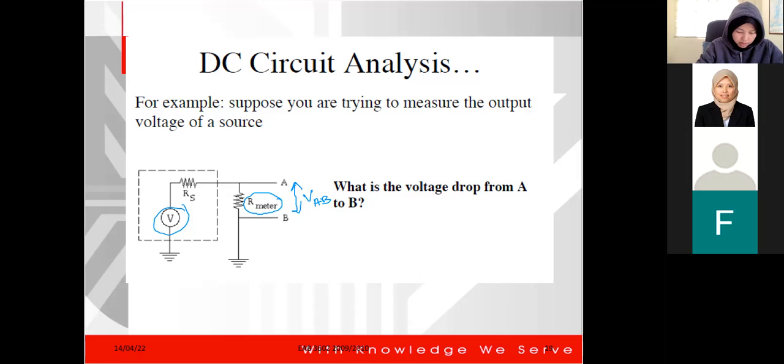Ainul Safia, do you get the answer? "Tak dapat, Doktor." Okay, Ainul didn't get it. Can anybody help Ainul? Wan Muhammad Irfan?